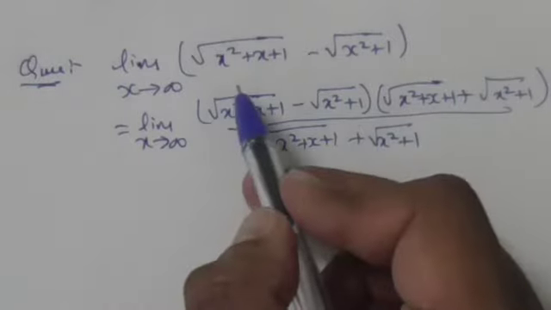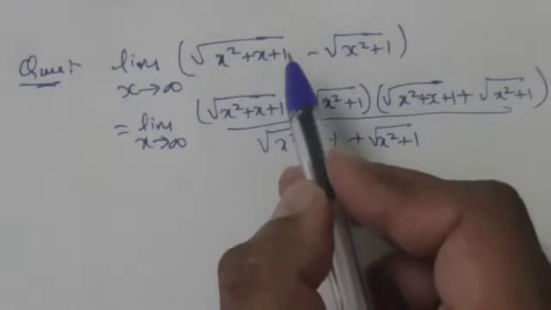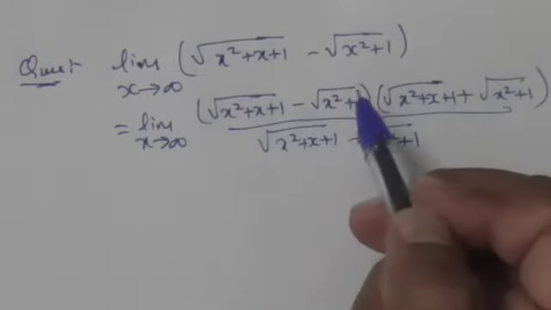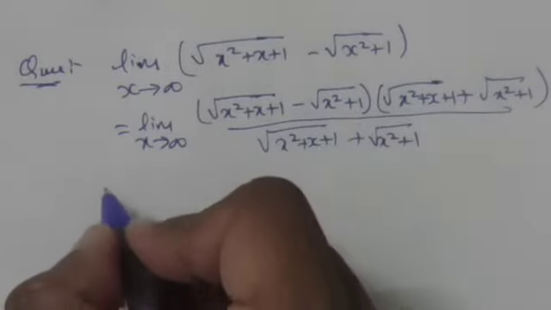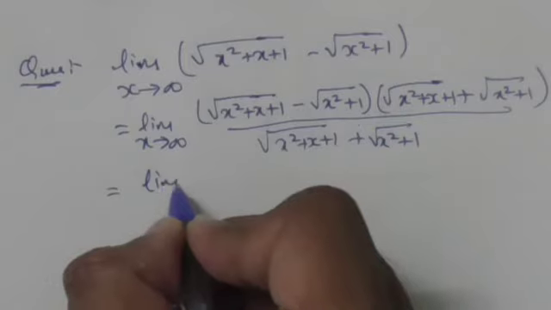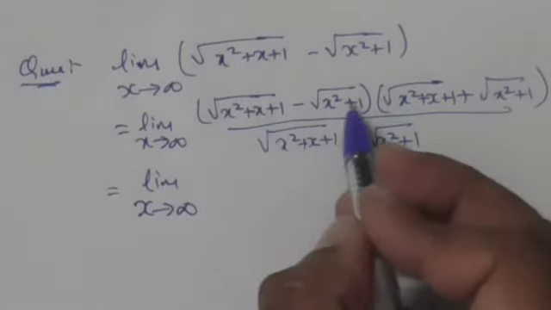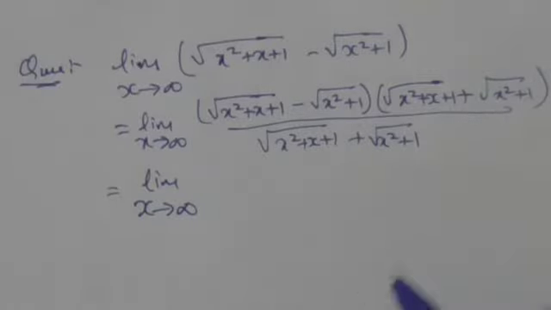So in this type of questions, what we have done, we have multiplied both numerator and denominator by the conjugate of the expression. So it will be equal to limit x tends to infinity. Now see here, a minus b into a plus b is what? A square minus b square.